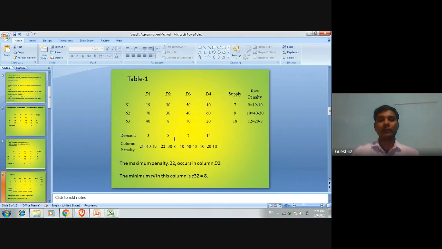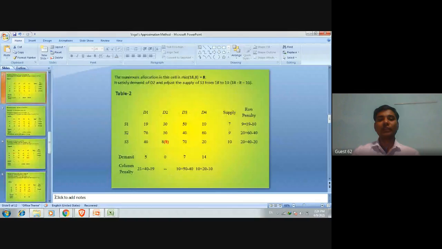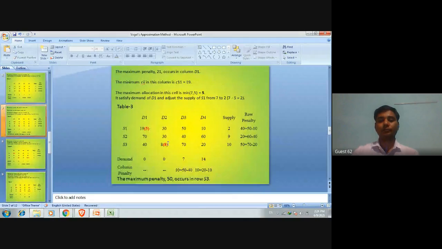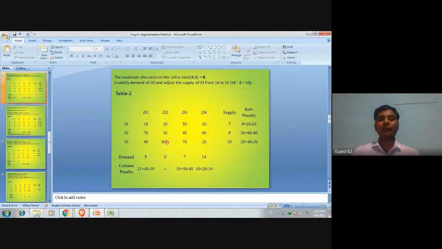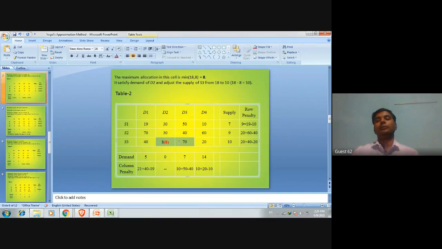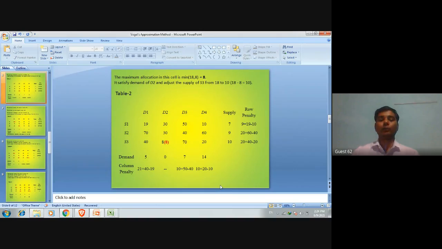Column penalties are 21, 22, 10, 10. The maximum penalty, that is 22, occurs in column D2. The minimum Cij in this column is C32, that is 8. So I have allocated 8 units. This 8 I have written in red color. This is the quantity I have shown in the PPT.